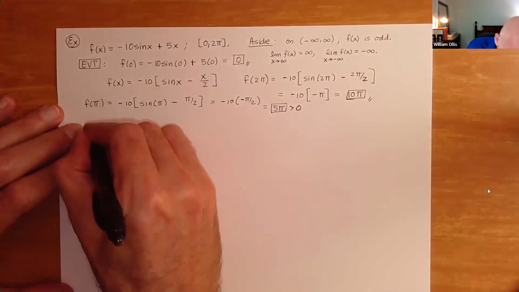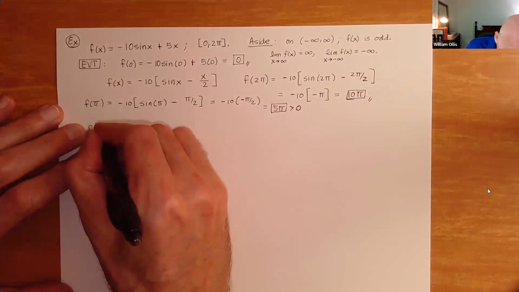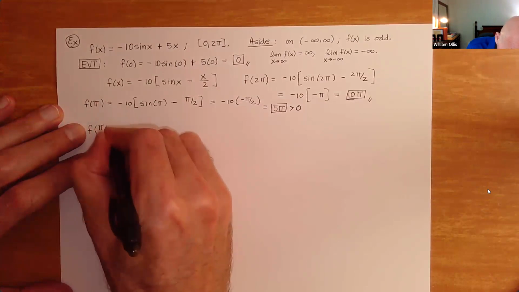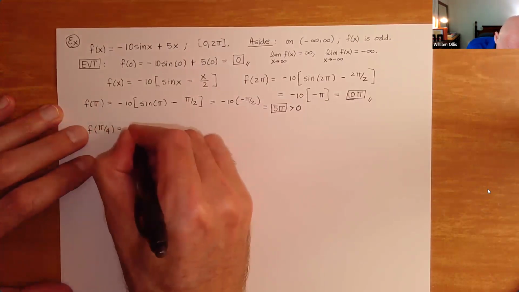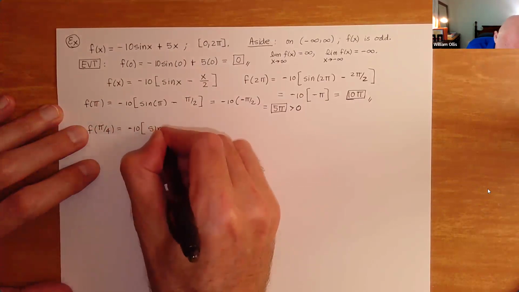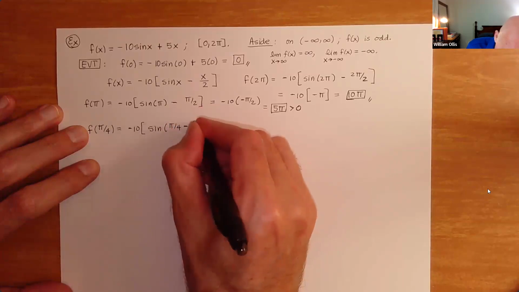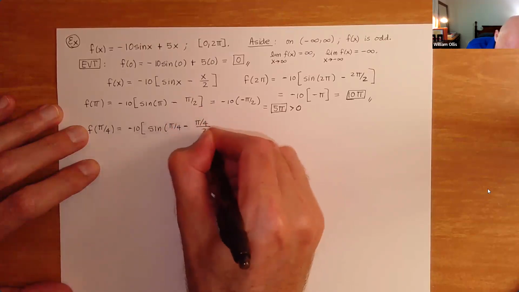And now let's look at maybe something a little closer to the first quadrant, pi over 4. So we have -10, and we have sine of pi over 4 minus pi over 4 divided by 2.